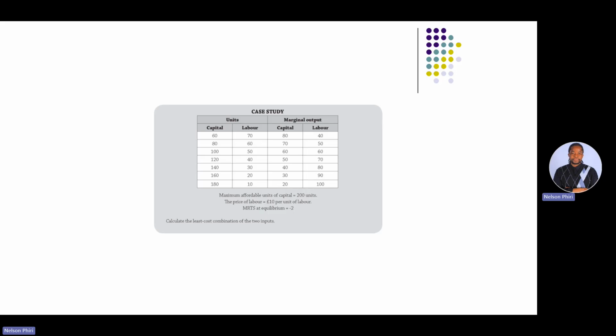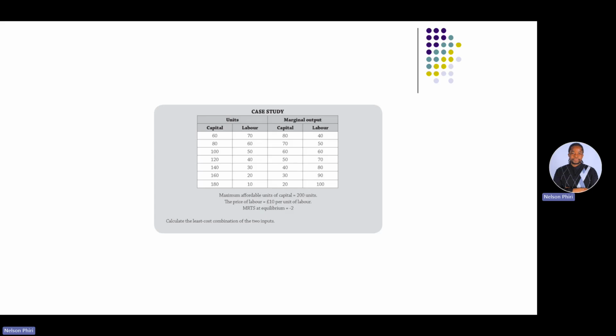So if we want to look for the proper inputs of capital and labor, we have to compute another column. That column would be your marginal productivity of capital divided by the price of capital. Also, you have another column of marginal productivity of labor divided by the price of labor.